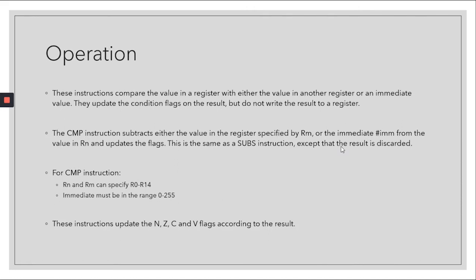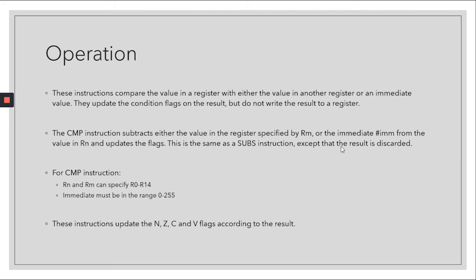Next, the operation of the compare instruction. This instruction compares the value in a register with either the value in another register or an immediate value. The compare instruction will update the condition flags on the result but does not write the result to a register.